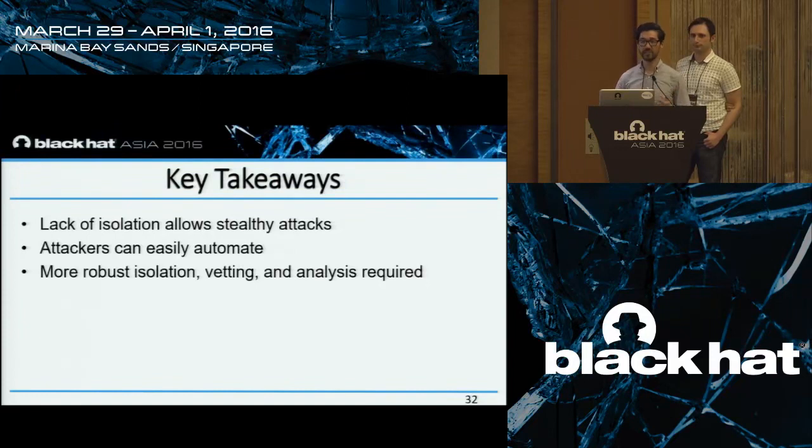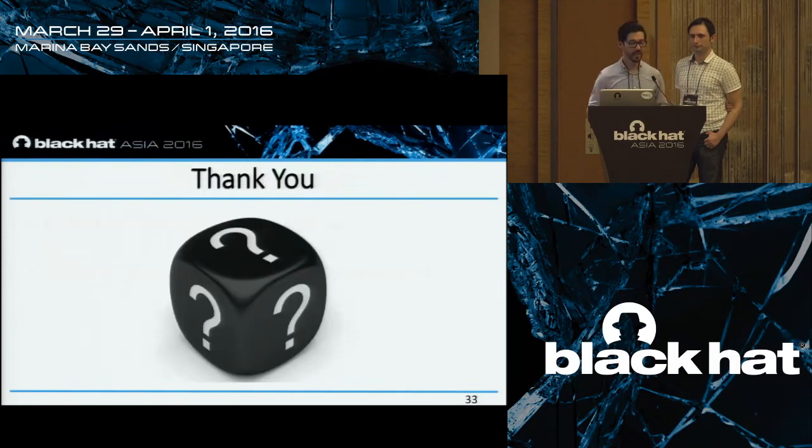Malicious extensions are still an issue, so we still need some kind of vetting or perhaps community feedback and crowdsourcing of security judgments, as well as better analyses. Hopefully something like Crossfire can be integrated into the existing suite of JavaScript security analysis tools to help find and remove malicious extensions from these marketplaces. With that, we'd like to conclude and we'd be happy to answer any questions you might have.